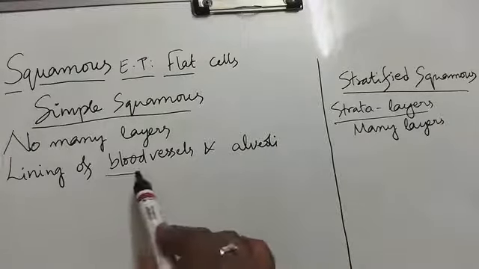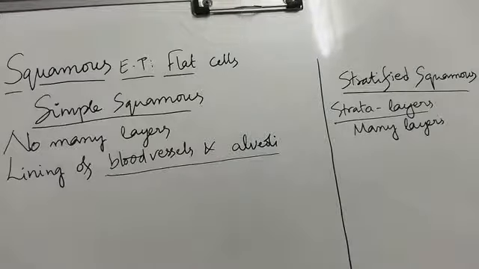Here, the blood vessels, that is blood capillaries, and alveoli. Alveoli are balloon-like structures present in lungs. In between alveoli and their surrounding blood capillaries, exchange of materials occurs, especially respiratory gases.